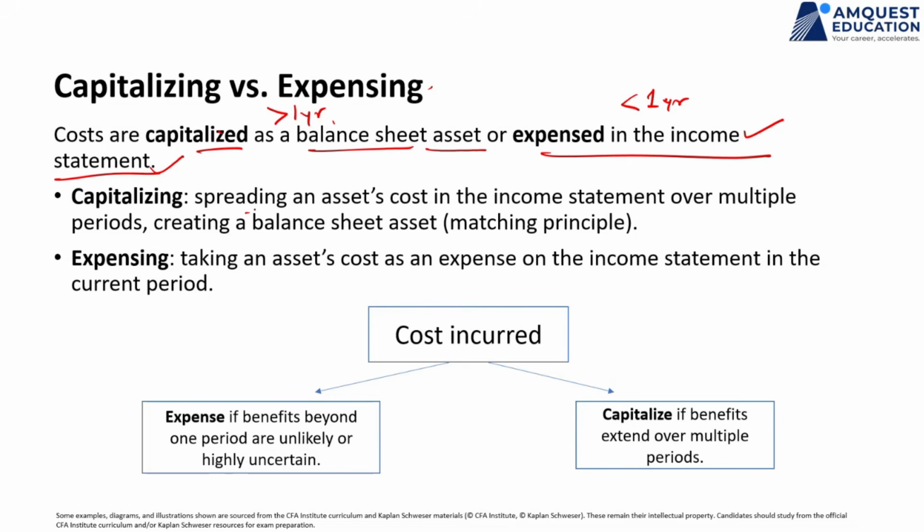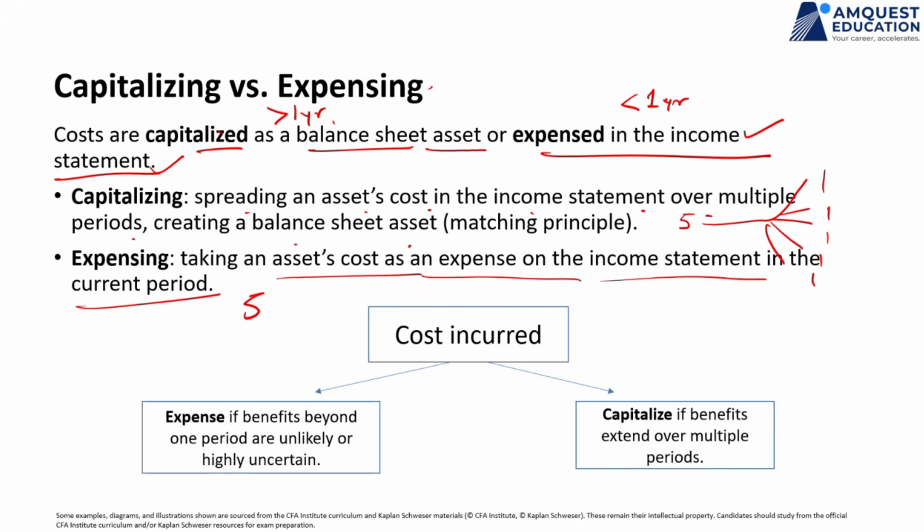Capitalizing means spreading an asset's cost in the income statement over multiple periods, creating a balance sheet asset, matching principle, right? So create an asset of 5, and then in each year, spread it by 1, 1, 1, 1, 1 in the P&L. While expensing means taking an asset's cost as an expense on the income statement in the current period, all 5 in the same year.